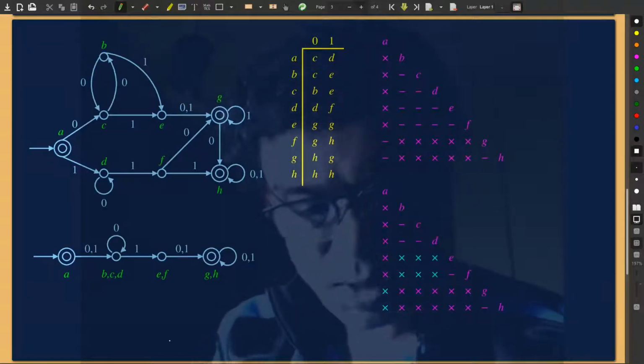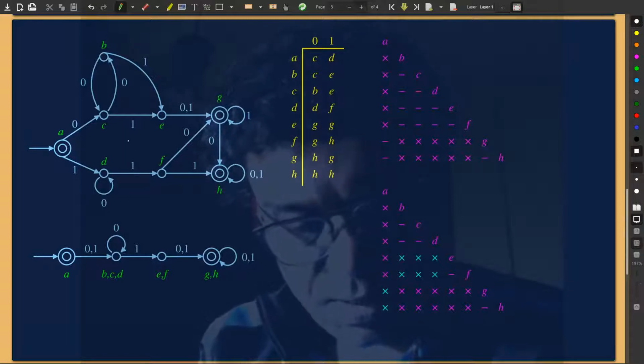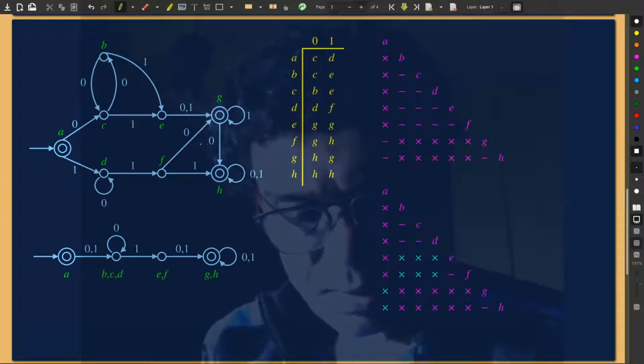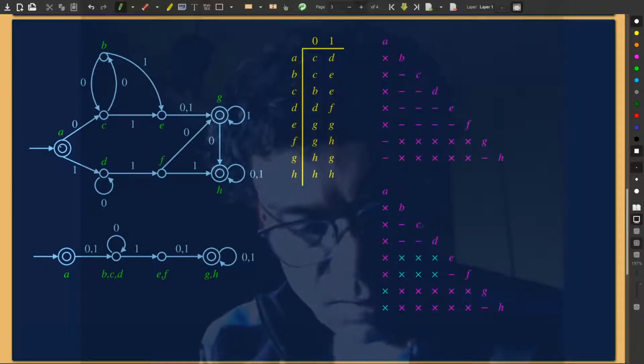So here is one. On the top you will see a DFA. Whatever language it accepts is not very important. You can actually write a regular expression for the language it accepts or rejects, whatever. This is the start state, which is also a final state.